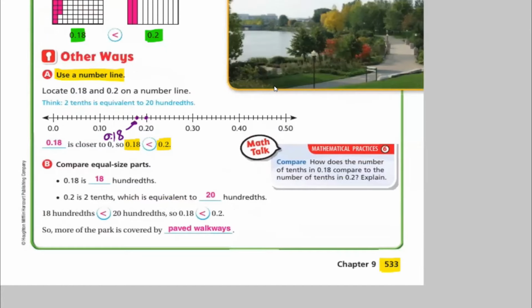Now let's compare using equal-sized parts. 0.18 is 18/100ths, and 0.2 we can write as 2/10, and we can write it as 20/100ths. So 20/100ths is greater.